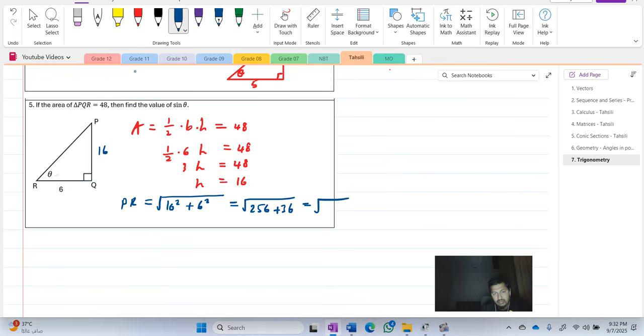Adding, 6 and 6 is 2, carry 1, 5 and 3 is 8, 2 and nothing is 2, that's 292. So the square root of 292, I'm just going to pop my calculator and check.